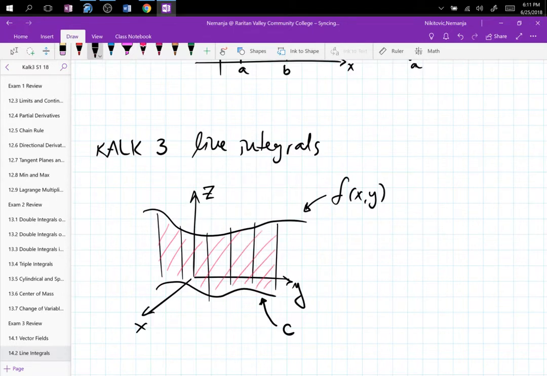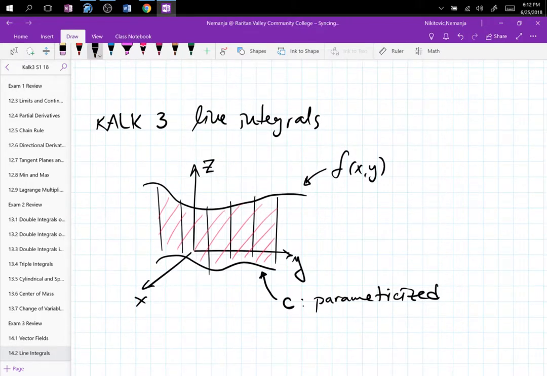Now, C is parametrized, meaning that it's given as x is some function of t and y is some function of t. So we are going to find the area of the curtain now.